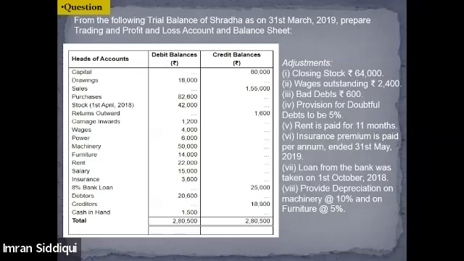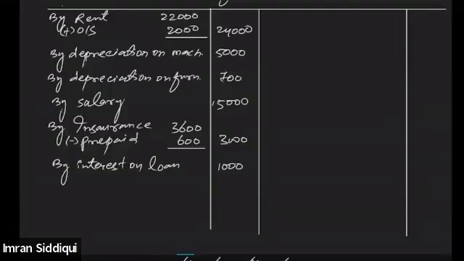So what we'll do, we'll first of all record the amount of debtor in the balance sheet, subtract the amount of bad debt out of it, and then further subtract the 5% provision. All right, so provision will be made after subtracting the amount of bad debt. Keep that in mind. Let me show you.